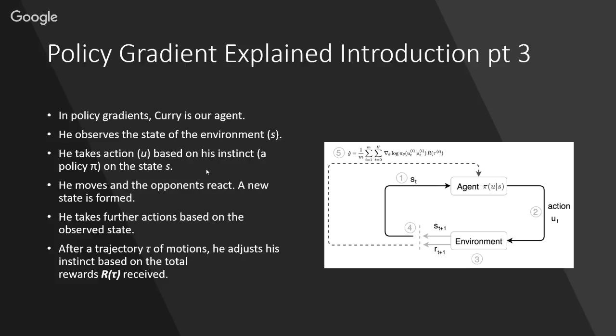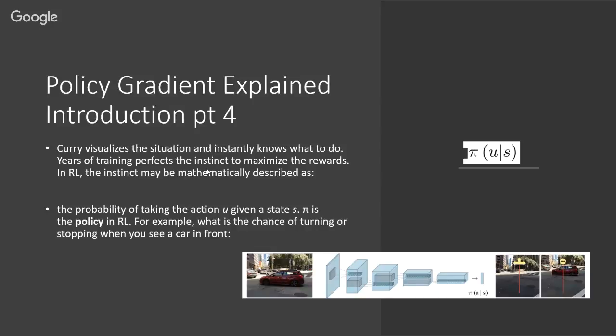He takes further actions based on the observed state. After a trajectory of motions, he adjusts his instinct based on the total reward received for that trajectory. Think about this in real life and how this evolves. Curry visualizes the situation and instantly knows what to do. Years of training perfects the instinct to maximize the reward.